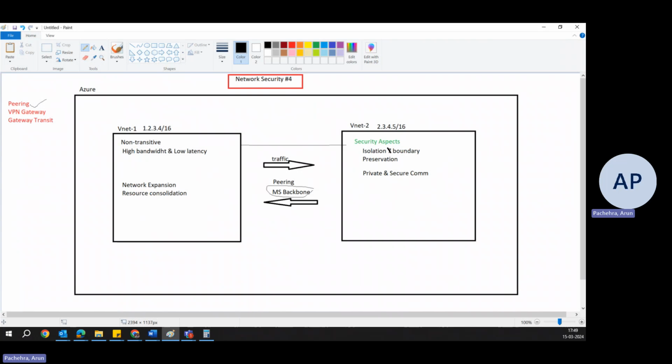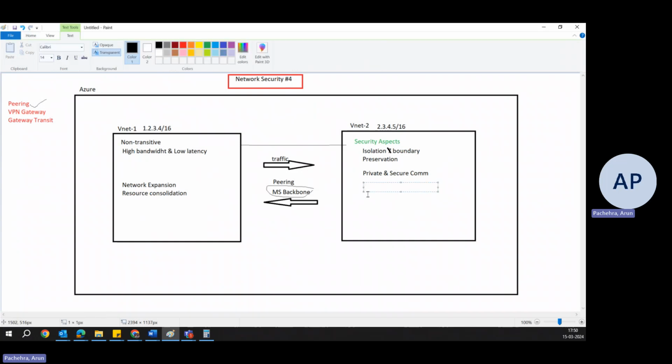All right, so I think we are pretty much good. There is something else we can also add here. It is kind of overlapping, but we can make a point. Controlled access. What is that? Controlled access in the context of peering refers to the ability of administrators to precisely manage and restrict traffic between the peered VNets.